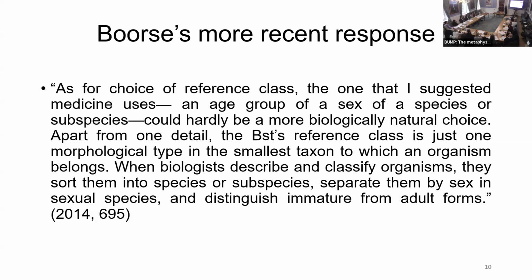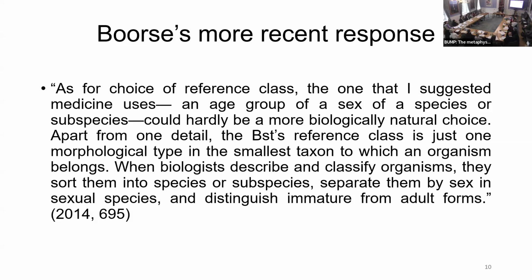Of course, that's true, but biologists also describe and classify organisms and sort them according to order or phylum or genus and kingdom and so on. I think this points in the direction of what I want to argue, but I don't think this is very clear. If I was critical of Boorse, I'd say this is just a restatement of what he said previously, pointing to the fact that what could be more natural.